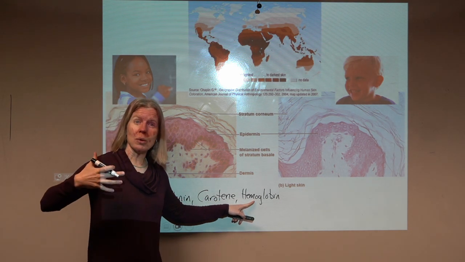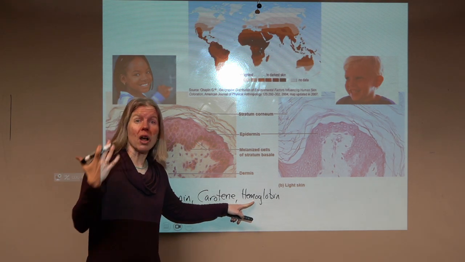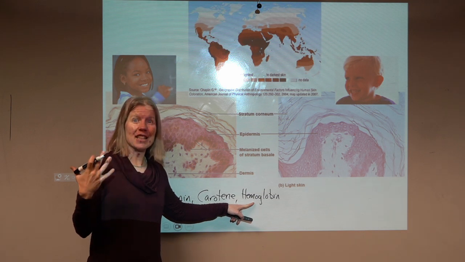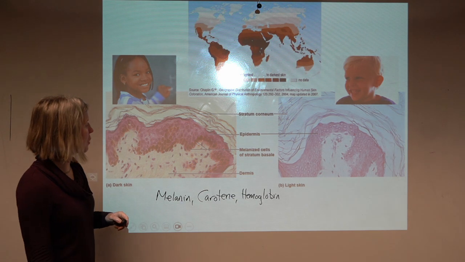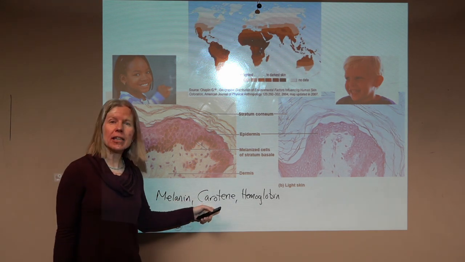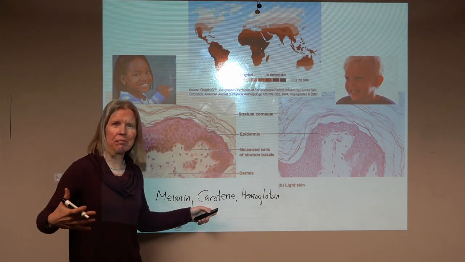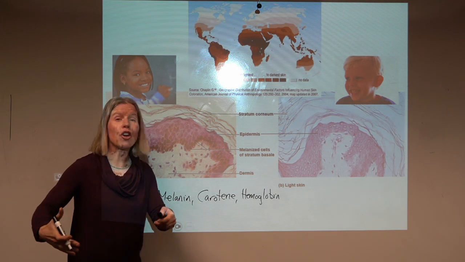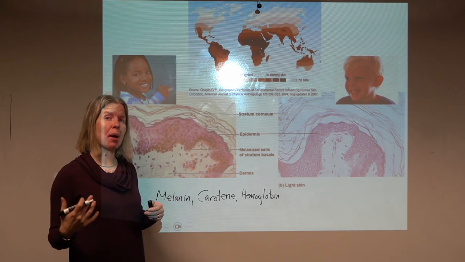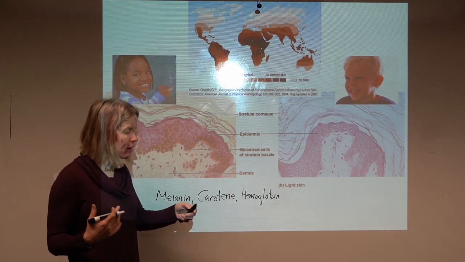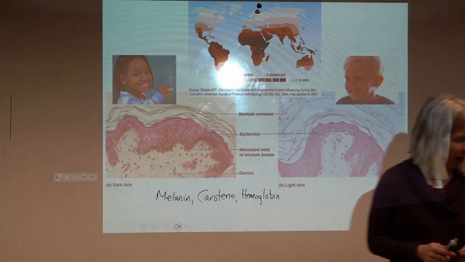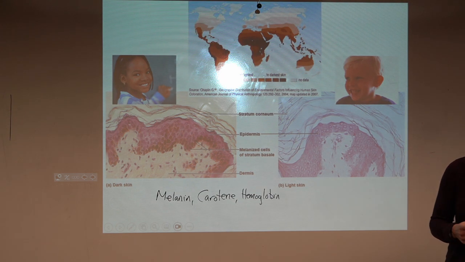Basically, the hemoglobin, the redness of your blood is going to show through, and that's why I have this pinkish appearance, right, is that hemoglobin, okay? Keratin, this is actually coming from vegetables like carrots. You can actually accumulate that pigment, keratin, both in the hypodermal layer and also in the keratinocytes.